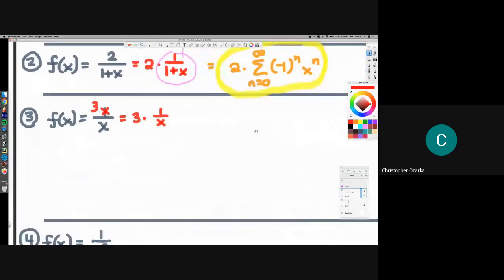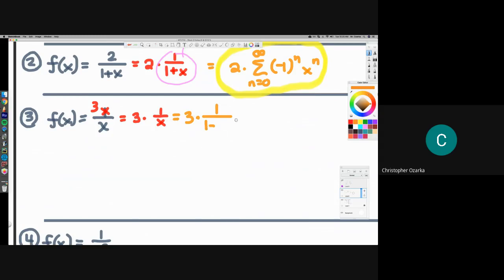Does anybody want to help me out with that? How to get a 1 minus there? That has to be there. But it still needs to be equal to 1 over x. That second part right here needs to be 1 over x.